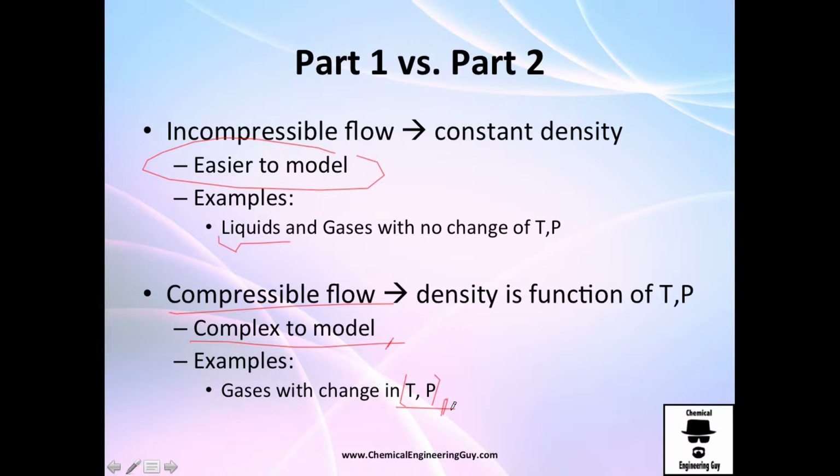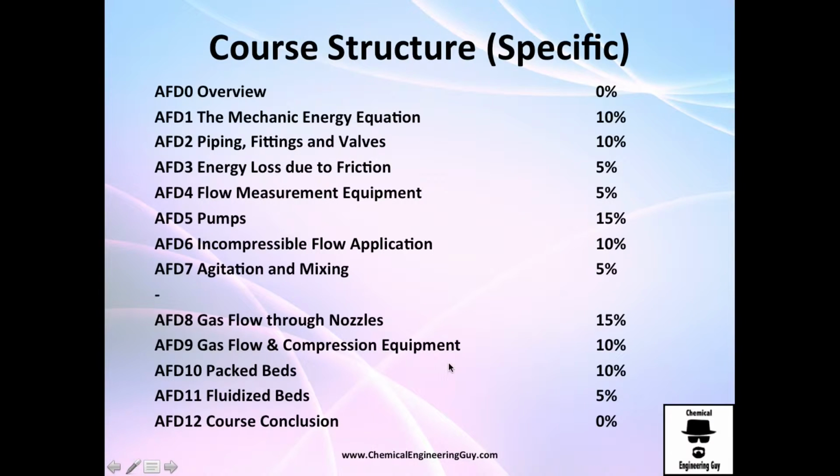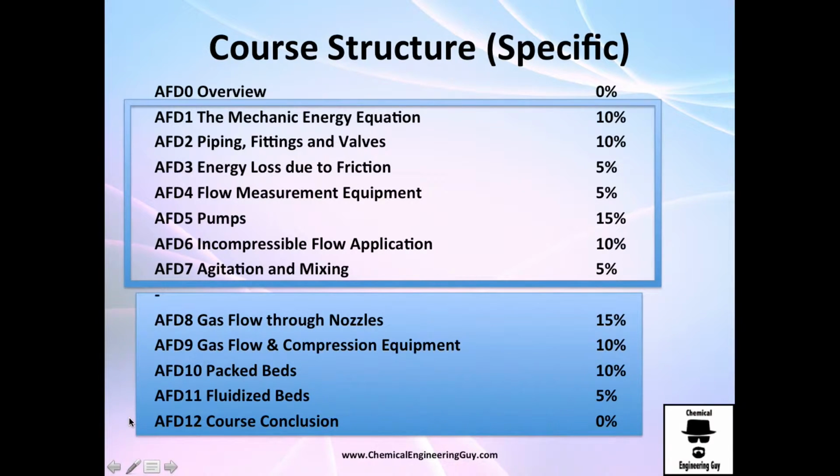They must predict the changes in density with temperature and pressure. So this is part number 1. We are right here in the conclusion of part 1, and this is part number 2.